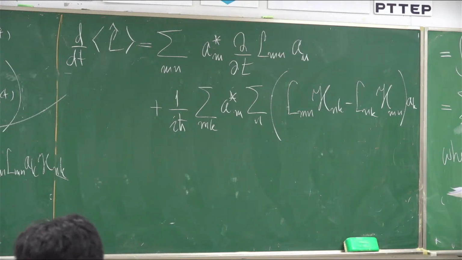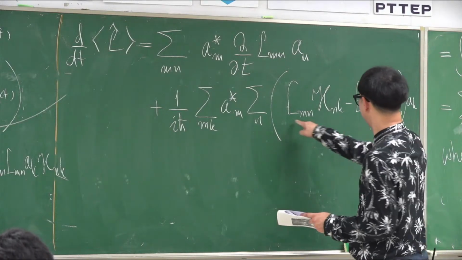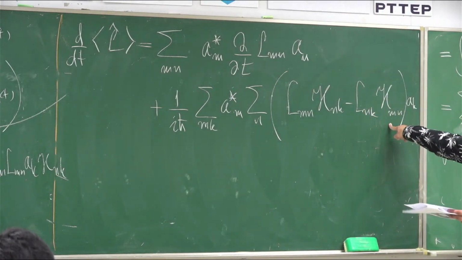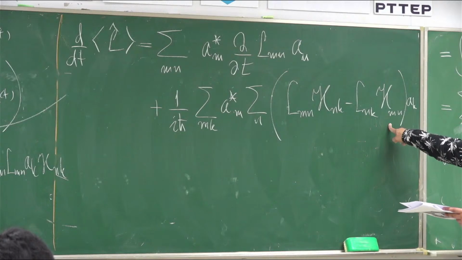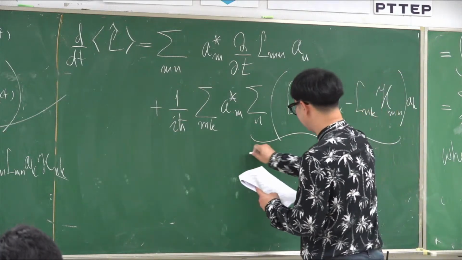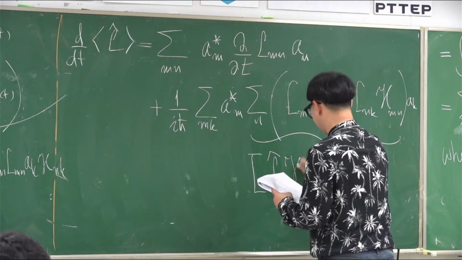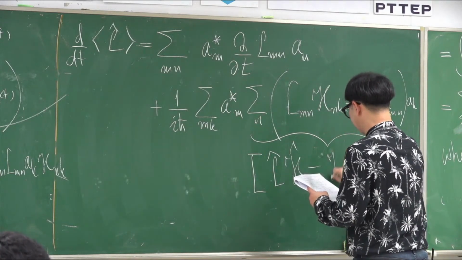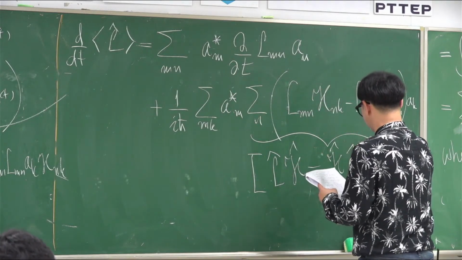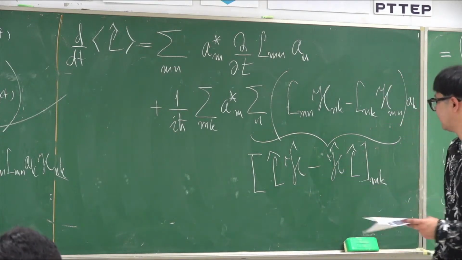And so actually, you see that this is a multiplication of the matrix, right? So this whole thing can be turned to this, okay, in this way.